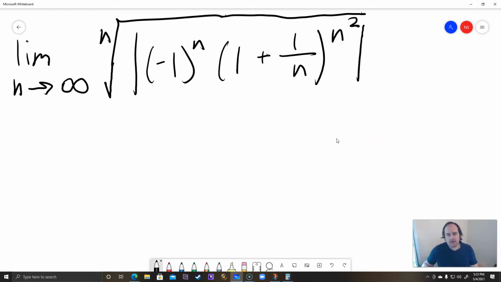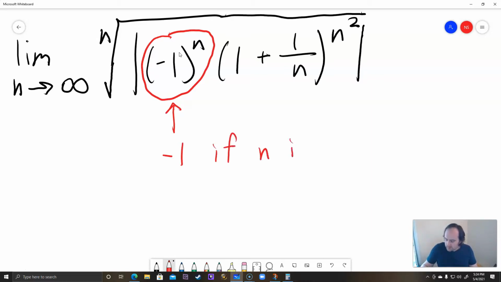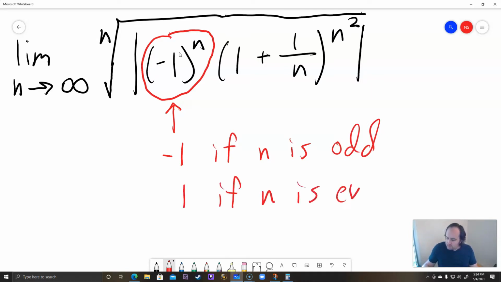Alright, so for starters, let's go ahead and talk about the absolute value. The thing about the absolute value is this negative 1 to the nth power is going to be negative 1 if n is odd, and it's going to be positive 1 if n is even.